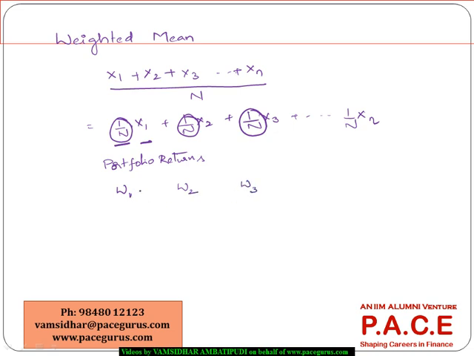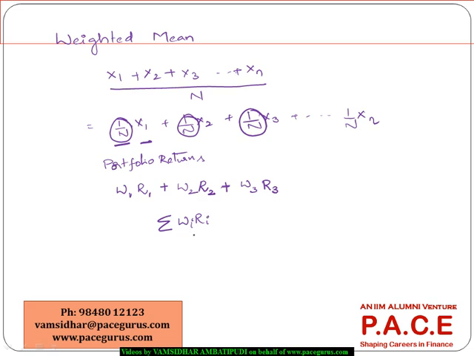Let's say W1 has given me a return of R1, the second one a return of R2, and the third one a return of R3. If I want to find out my overall return, it is nothing but the weighted mean: W1R1, W2R2, depending on whatever I have, so a sum of WiRi kind of mechanism.